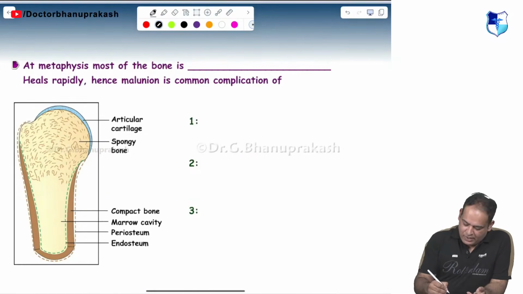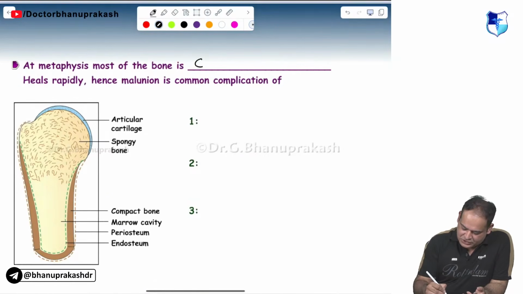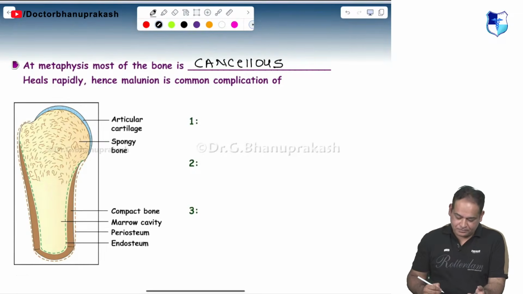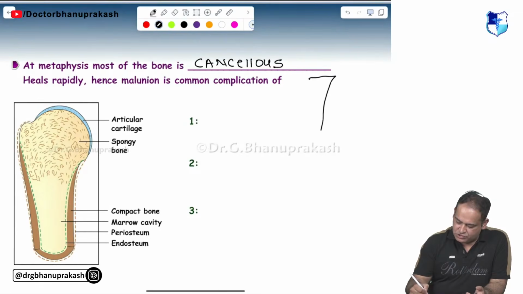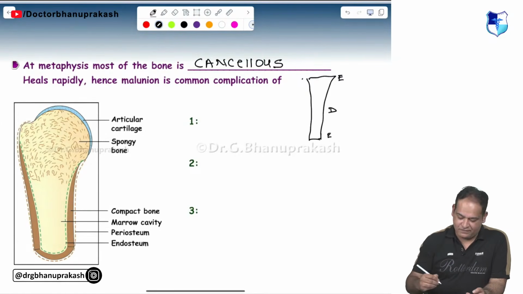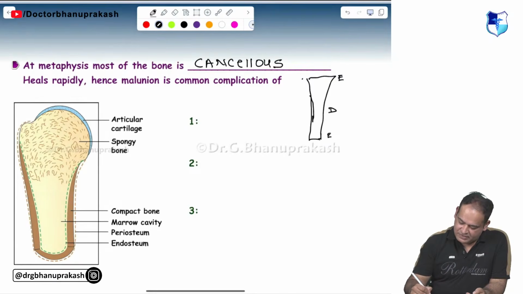Now, what is special at the metaphysis? At the metaphysis, most of the bone is cancellous. Have a look at the bone structure. This is the epiphysis. In the center is the diaphysis, where the bone is very, very dense.